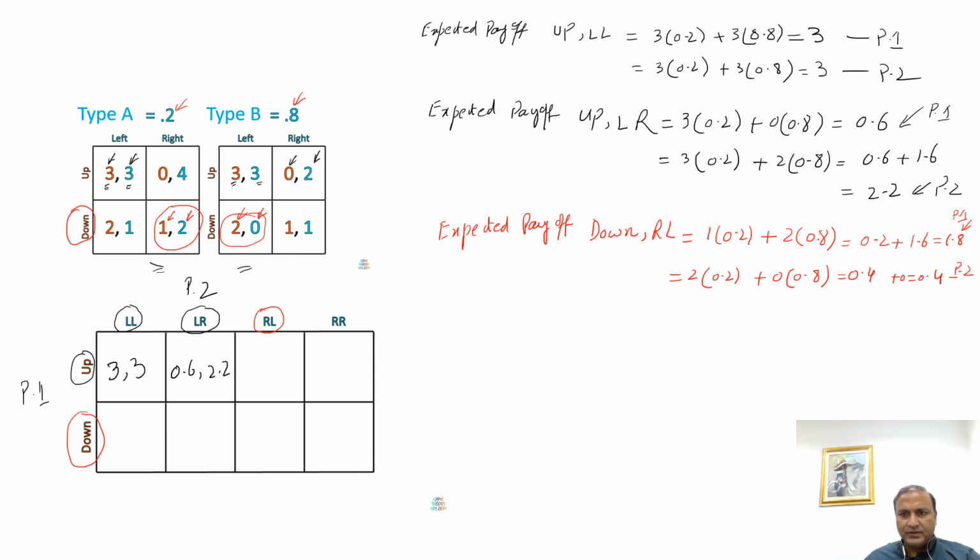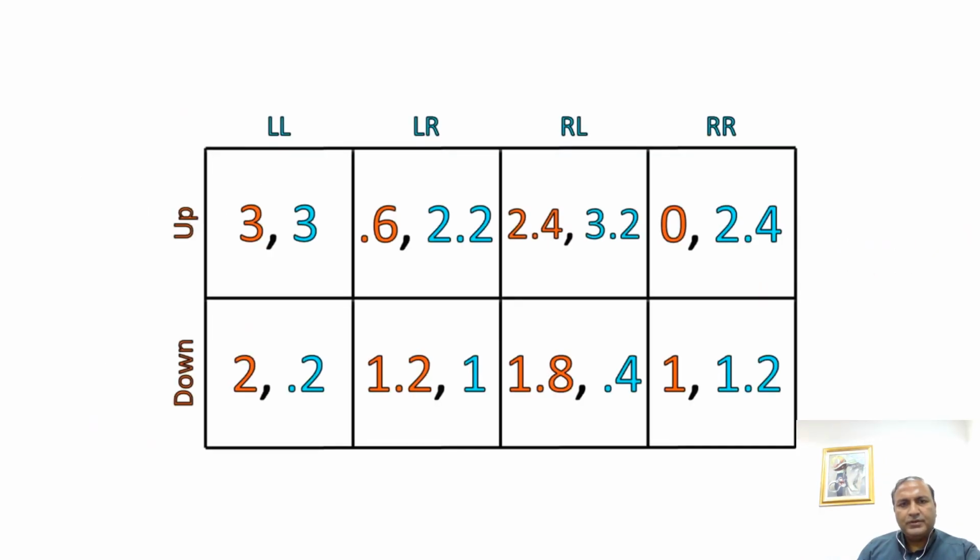So now let us write the numbers here. 1.8 and, sorry, 1.8 and 0.4. Okay, so this way you can find all the numbers here. It's very easy. You just have to calculate the expected payoffs. So once you do the calculation for everything, you get this full matrix with all the expected payoffs.